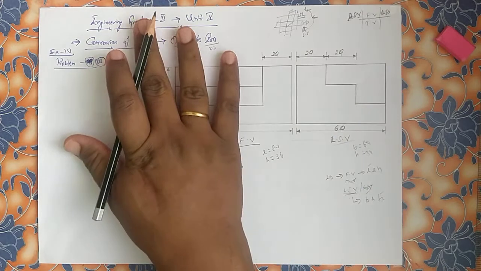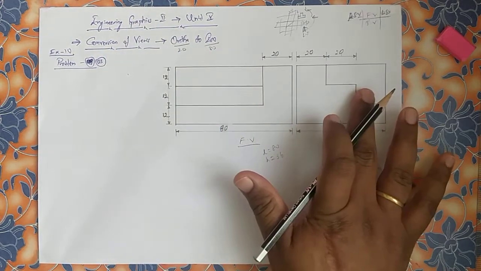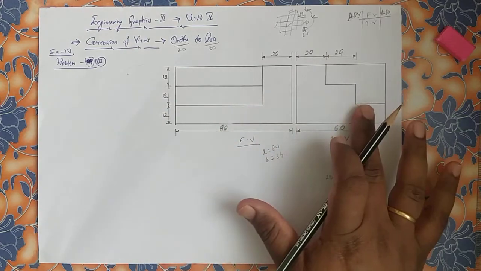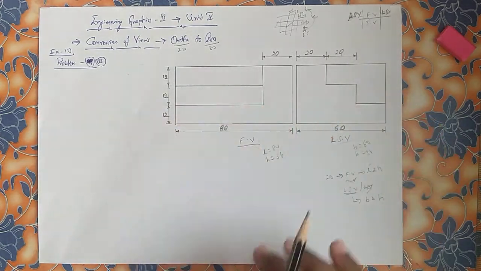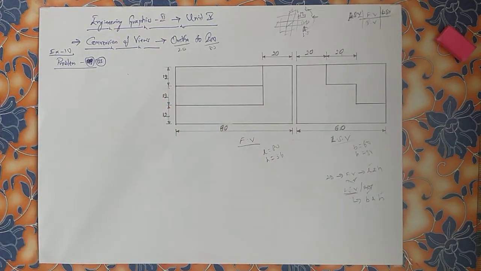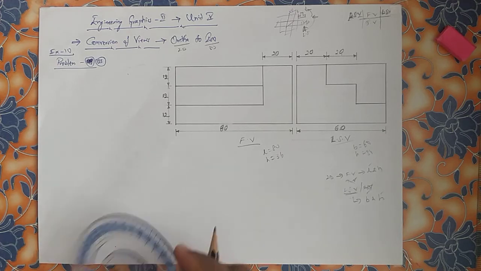But here, with respect to the front view and left side view, with these 2 things, how are you going to draw the problem and answer? As usual, I am taking a point here for reference.